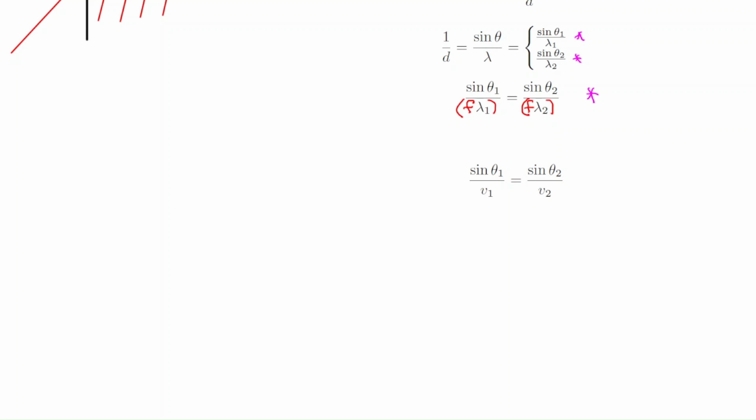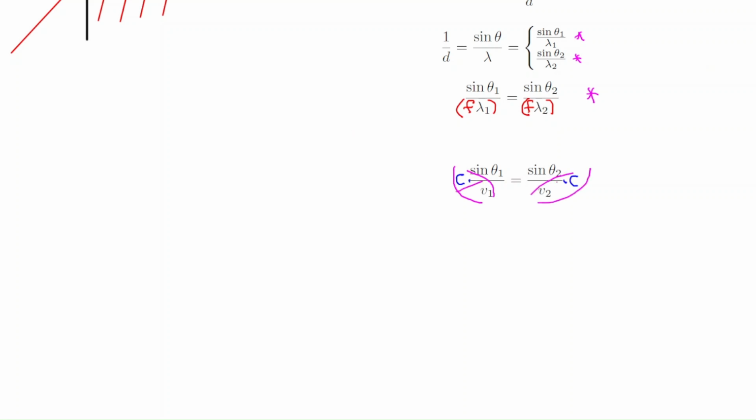But again, you may not always know these v's. They're large numbers, times 10 to the 8 meters per second. So now let's multiply both sides of the equation by the speed of light in a vacuum, c. Again, that's algebraically permitted, and we can think of these fractions as c divided by v.